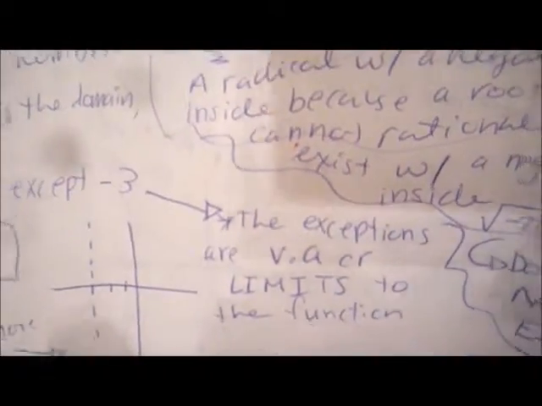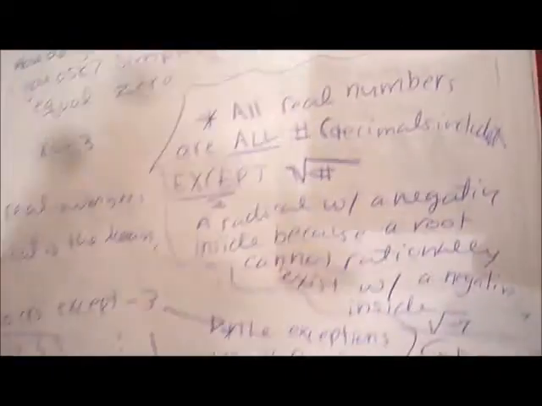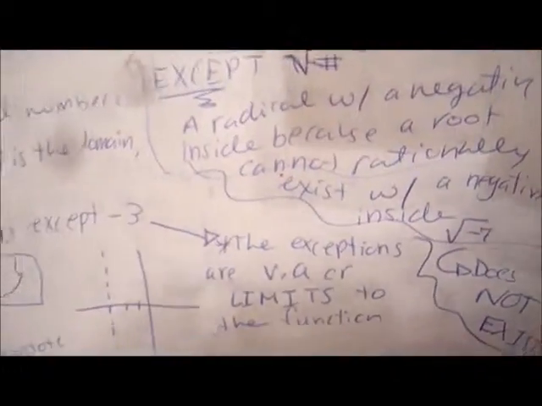Everything else is a real number, decimals included. For example, -1, -1,000,000, 100, 1,000, infinity, they all exist. The only way a number isn't real is if it's a radical of a negative. For example, radical -7 does not exist.